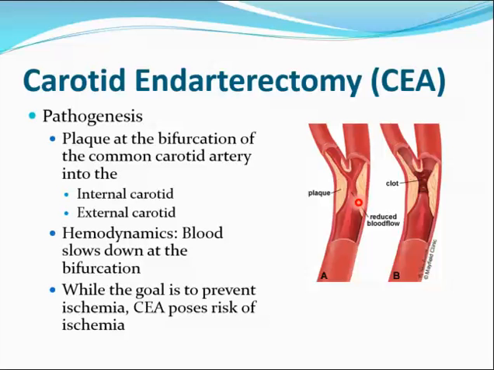And we also have vertebral arteries at the back, one on the left, one on the right. Now, plaque at the bifurcation of the common carotid artery, when it bifurcates into the internal and external carotids, builds up. Sometimes you can have as much as 70% stenosis, 80%, 95%.